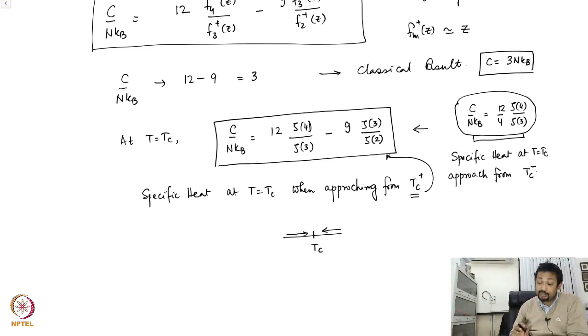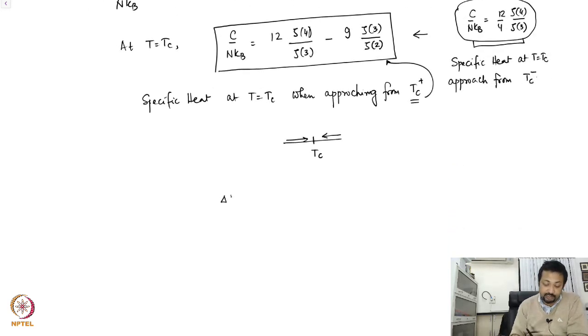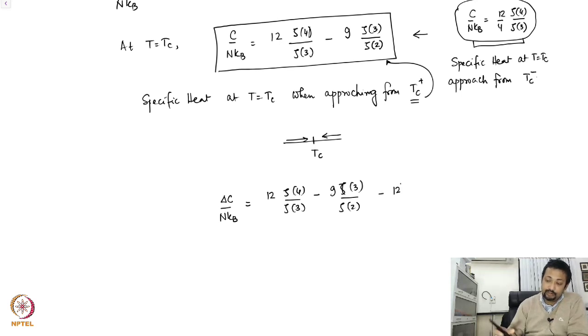expression. So there is a difference, and that difference, delta C over NKB, is 12 zeta 4 divided by zeta 3 minus 9 of zeta 3 divided by zeta 2 minus 12, sorry, this is just 12, not, my mistake, minus 12 zeta 4 over zeta 3, which is minus 9 zeta 3 over zeta 2.